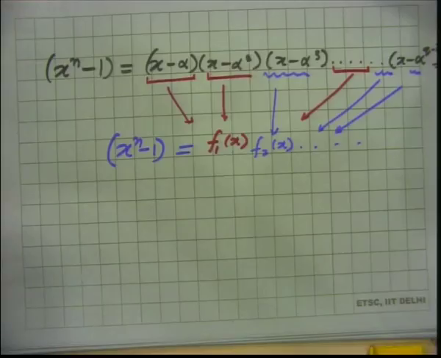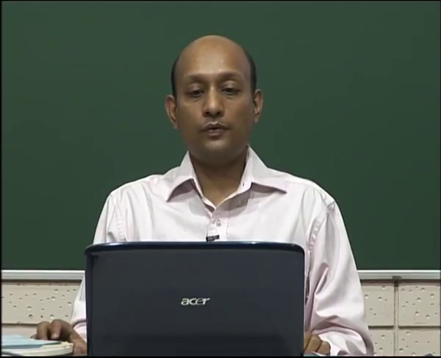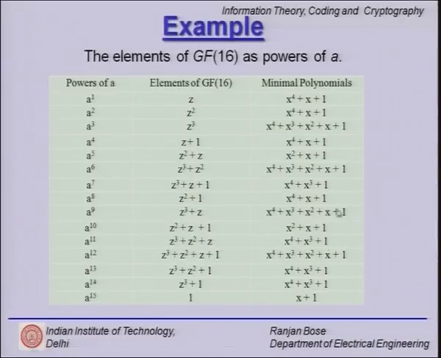Okay. So, we continue with our example. We go back to our slide and we have suddenly a nice table of GF16 with consecutive minimal polynomials, and a little bit of observation says: look at alpha cubed. The minimal polynomial for alpha cubed is the same as for alpha raised to power 6, alpha raised to power 9, and alpha raised to power 12. So, these are the conjugates. If you have exhausted 1, alpha raised to power 2, alpha raised to power 3, alpha raised to power 4, then you look at alpha raised to power 5.